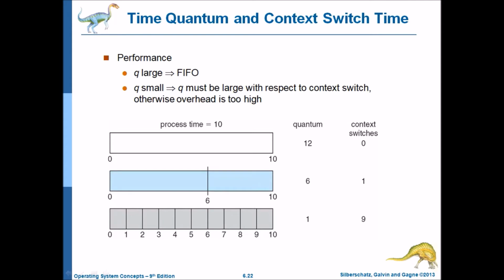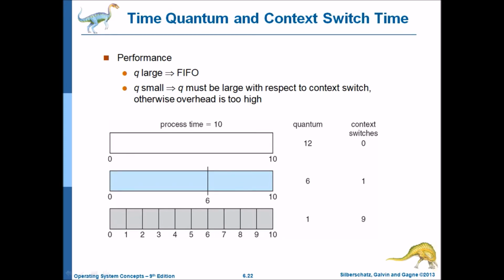If the time quantum is very small, then each process gets 1 over n of the processor time and shares the CPU equally. But a real system incurs overhead for every context switch, and the smaller the time quantum, the more context switches there are.